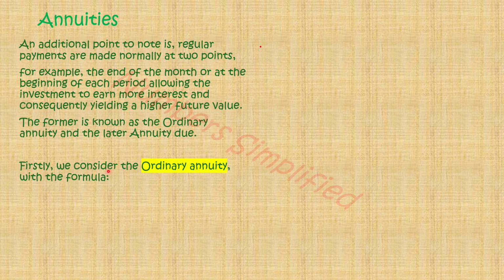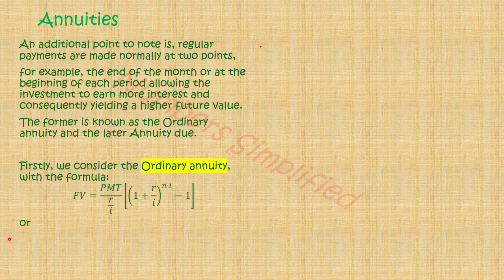So firstly, we consider the ordinary annuity with the formula that is given to be the future value is equal to PMT over R over I multiplied by 1 plus R over I raised to the power nI minus 1.